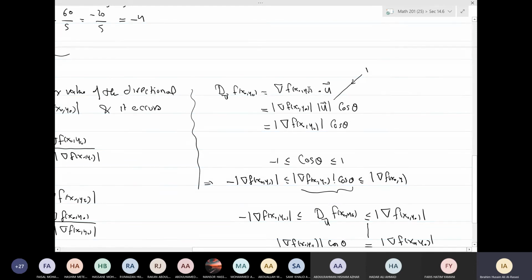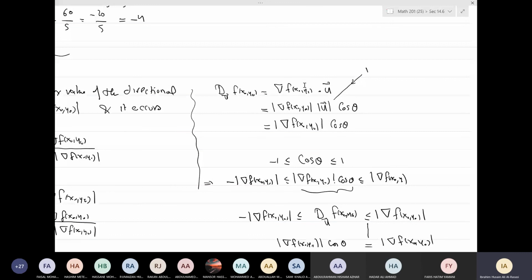What is the relation between them? The angle between u and the gradient is 0. This means they are parallel. More than this, they have the same direction.